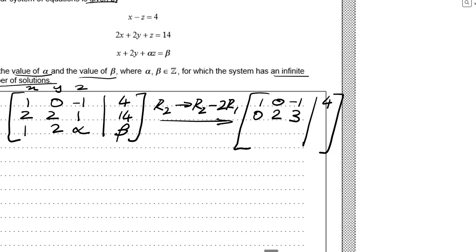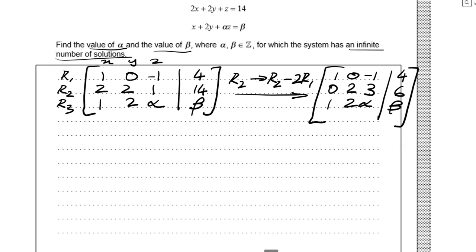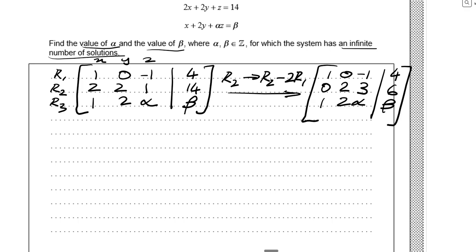And then we have 14 minus 8, which is 6. Next we have 1, 2, alpha, beta, right? Now we do this way.